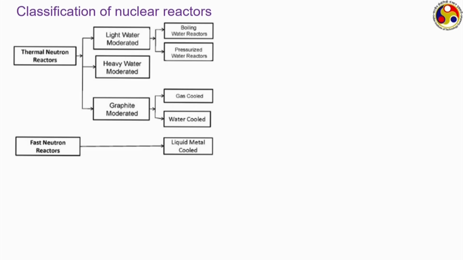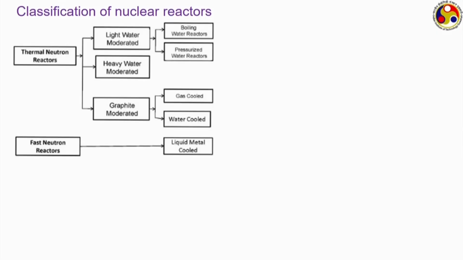So, depending upon the moderator, we can have 3 types of thermal neutron reactors: the ordinary water reactor or the light water reactor, the heavy water reactor which uses D2O as the moderator, and of course, the graphite moderated reactor. And the light water moderated reactor again can be classified into 2 categories depending upon the physical state of the coolant that they use.